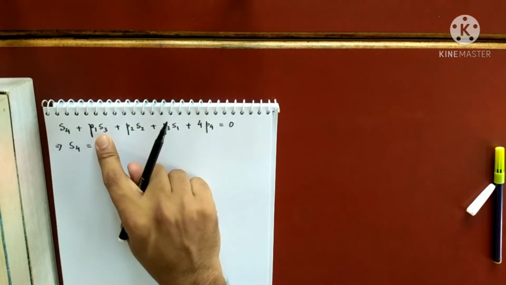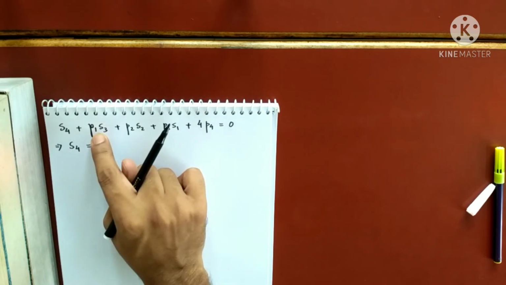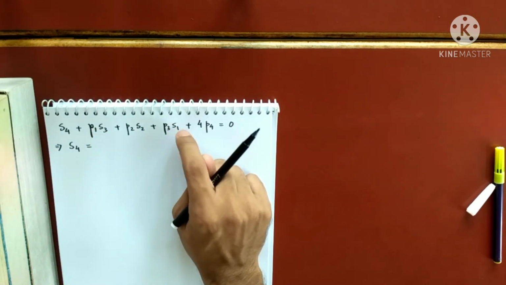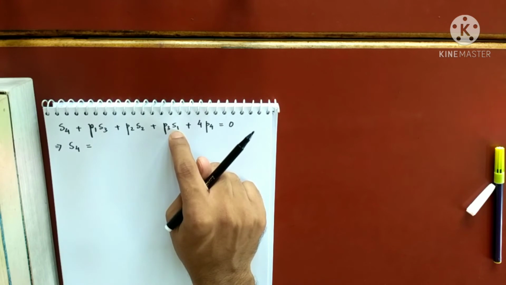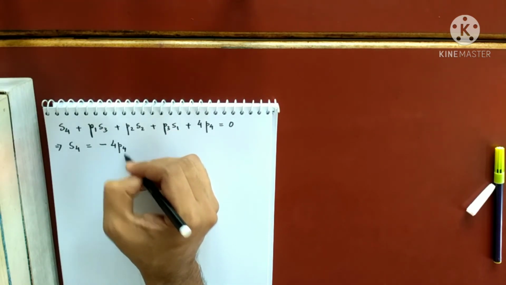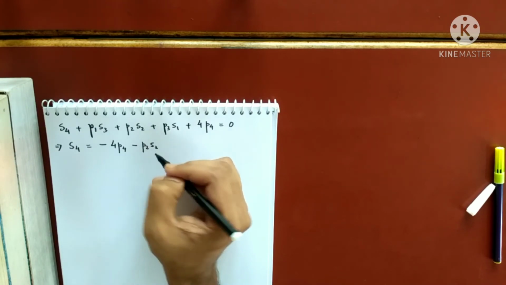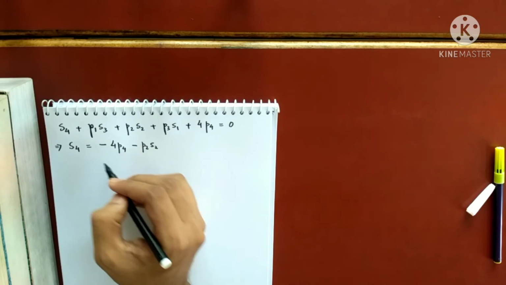Just you see, this term is 0, this term is 0. This and this are both 0 because here P1 is 0, here S1 is 0. You can clearly see what answer I will get. Minus 4P4 minus P2 S2. Just put the value of S2, as simple as that.